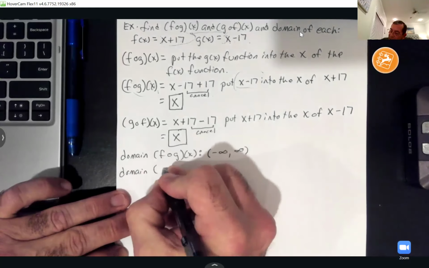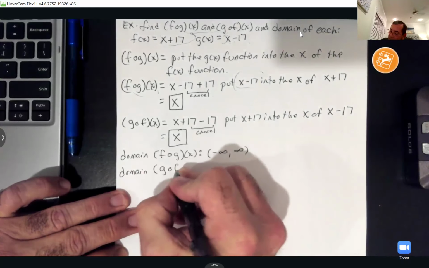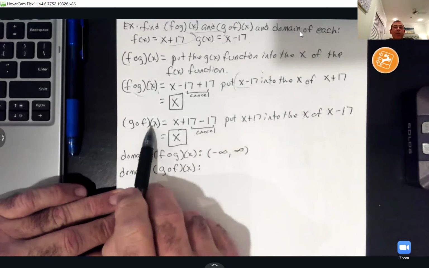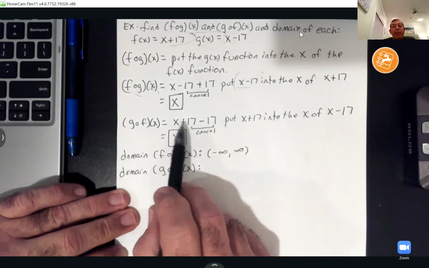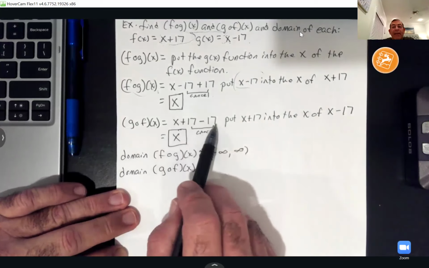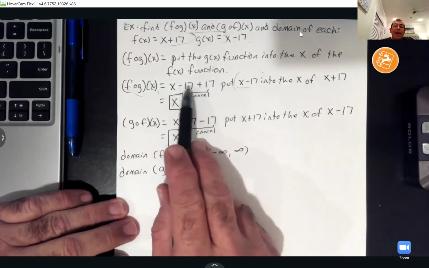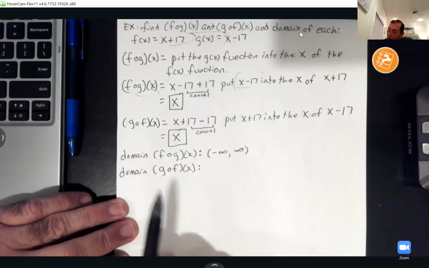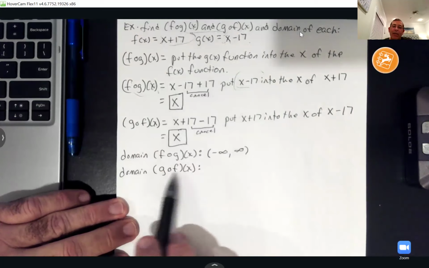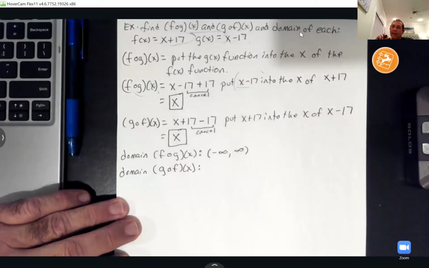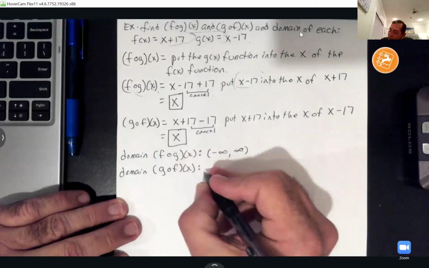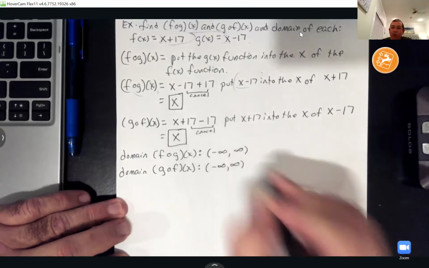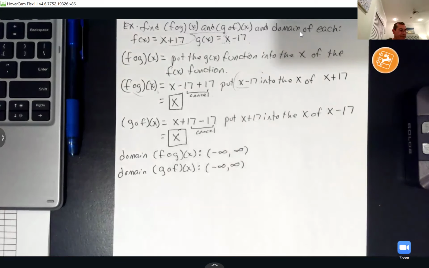So how about the domain of g compose f of x? Well, g compose f of x, we had an x plus 17 minus 17. I mean, they're the same thing except the order of the adding and subtracting. So that means the domain of g compose f of x is all real numbers, which is negative infinity to positive infinity.